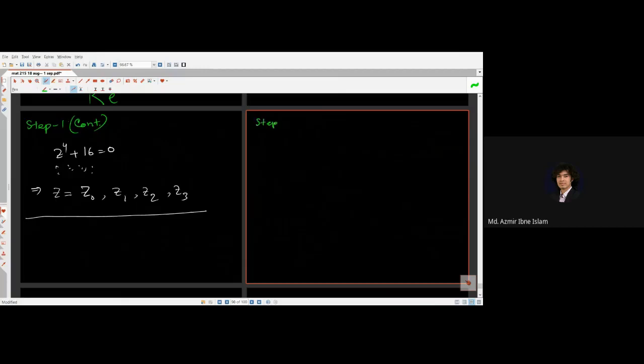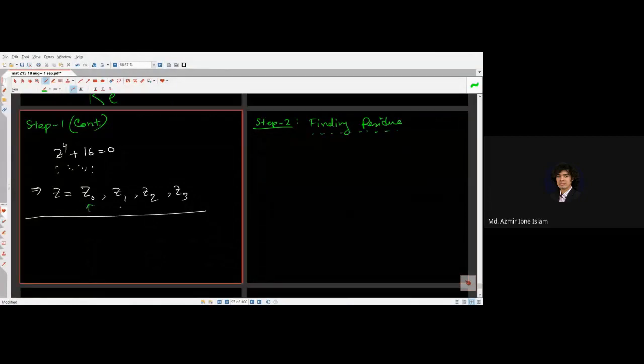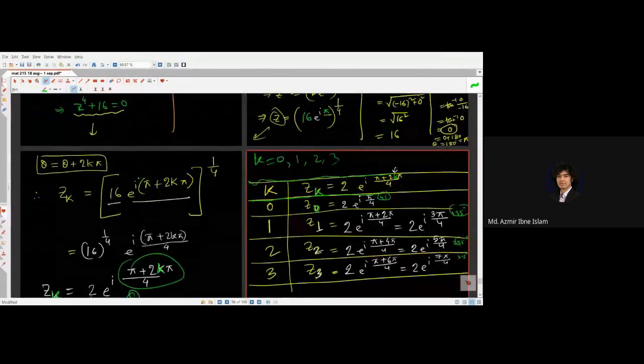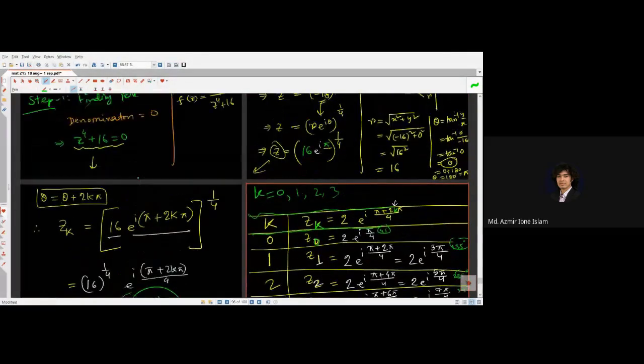So step 2. Step 2 is to find a residue, right? Yes, sir. Finding residue of those poles. We have a total of 4 poles which are inside the contour or on the boundary of the contour.